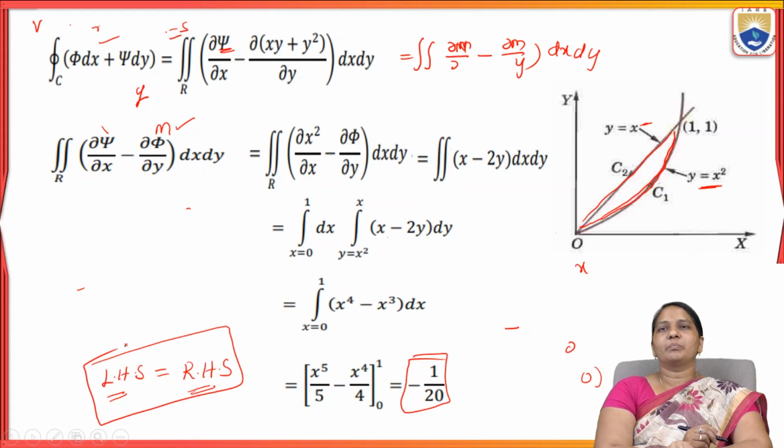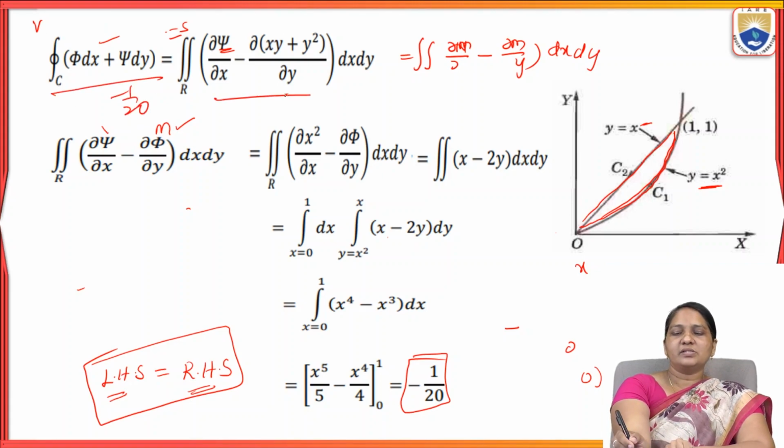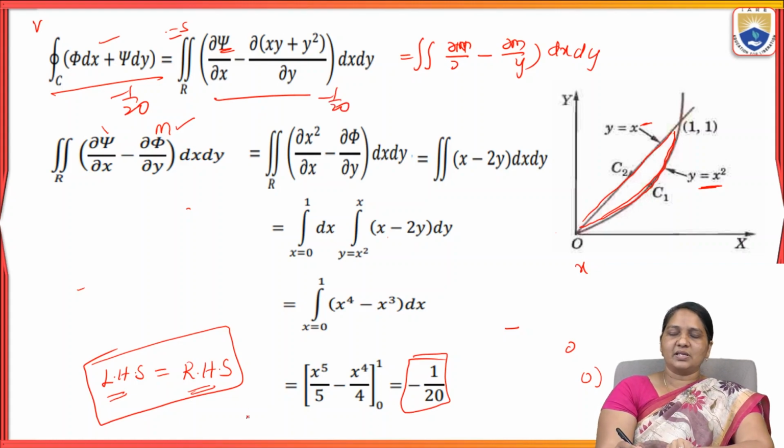That means according to the statement of Green's theorem, this value is minus 1 by 20 and this value also minus 1 by 20. So hence we can say that Green's theorem is verified.